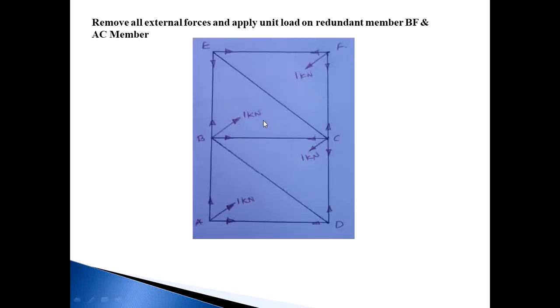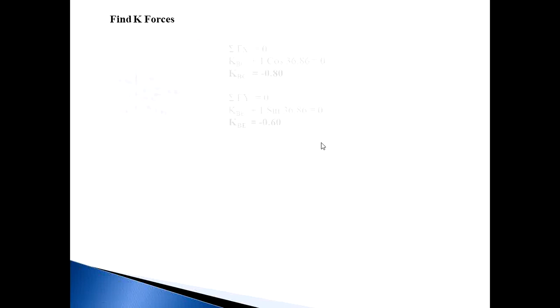Now remove all external forces, that is 15 kilonewton and 14 kilonewton, and apply unit load at the redundant forces, that is BF and AC. Means from point B and from point F apply 1 kilonewton force, from point A and from point C apply 1 kilonewton force, and calculate K forces in each member.